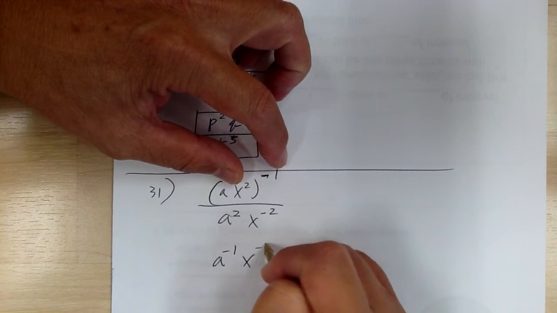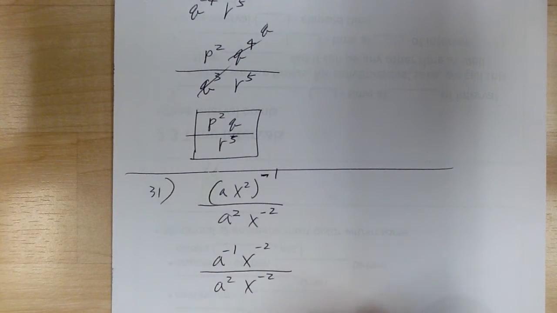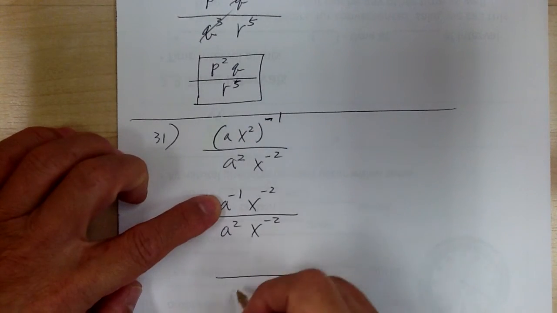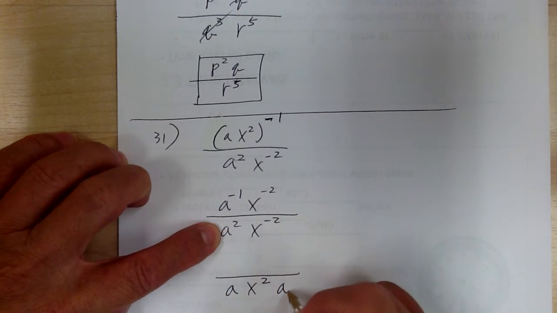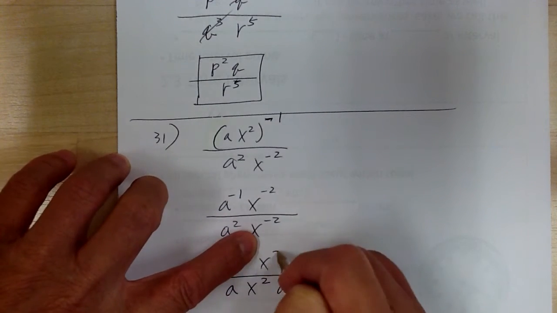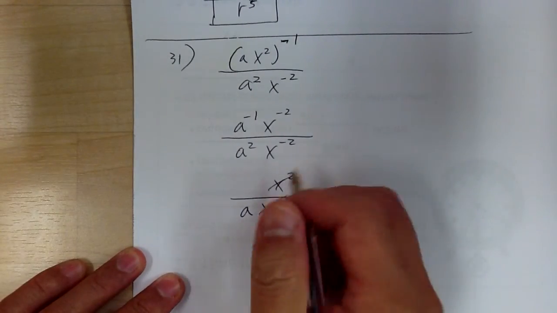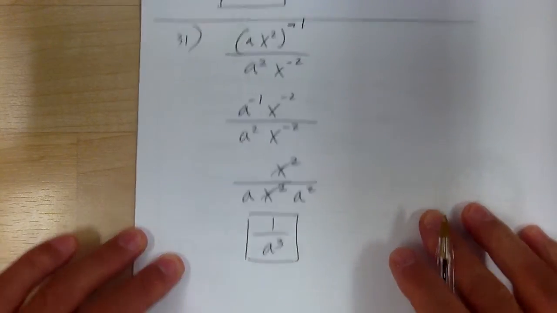This should be x to the negative 2. Then after that, you can go ahead and do the flipping over. So this one flips to the bottom, this one flips to the bottom, this one stays, this one gets flipped to the top, and this gets canceled out. And so you get 1 over a to the 3, and that's it. Okay, so again, very straightforward.